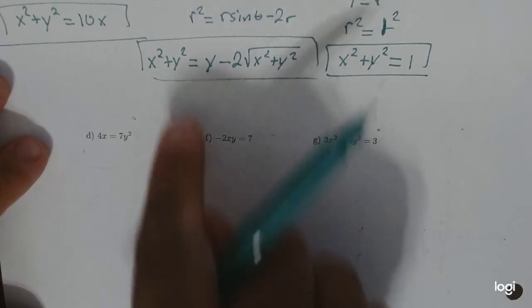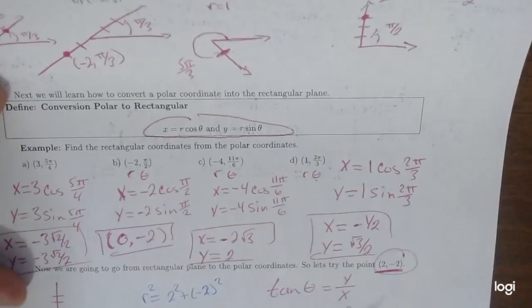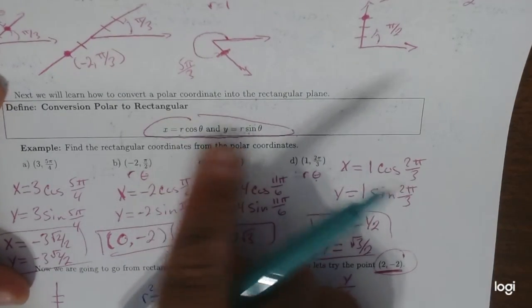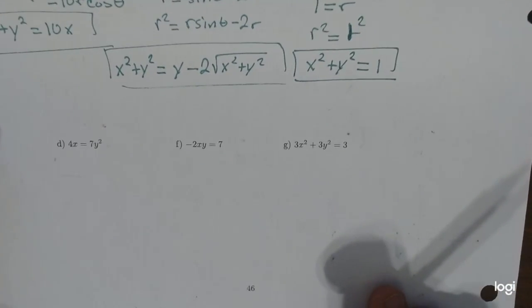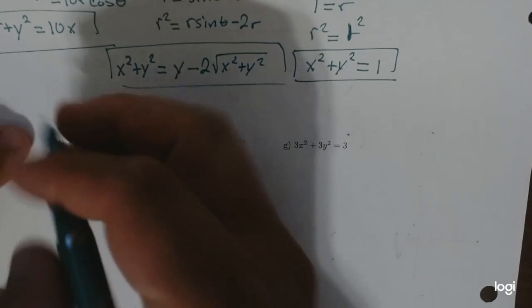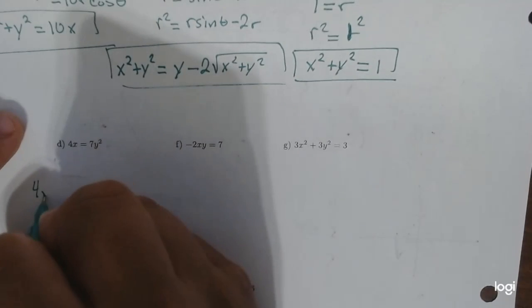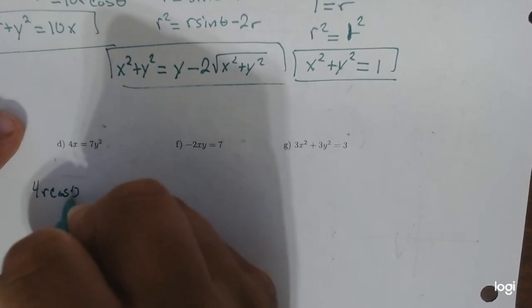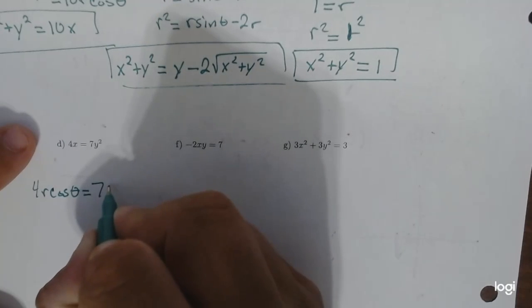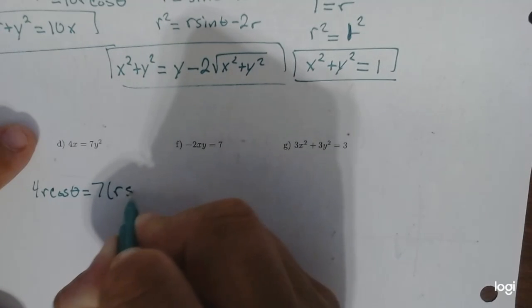Okay. All right, so now we want to go backwards. Given x and y's, go to polar, which means, again, we're going to be using these to help ourselves out. Whenever you see an x and a y, we're just going to plug those in respectively. These are actually much easier to deal with, because x is r cosine theta, and y is r sine theta.